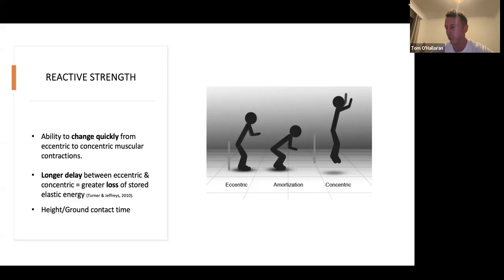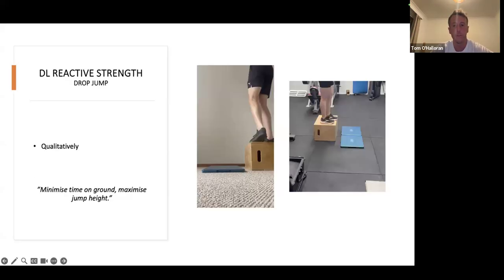Elastic energy use is free. It doesn't require oxygen, whereas muscular contraction requires the use of oxygen. So basically, if we use elastic energy well, if we have good reactive strength, then we're much more efficient metabolically. In terms of qualitative assessment, I'll say minimize time on plate or ground, maximize time in the air, or maximize jump height.